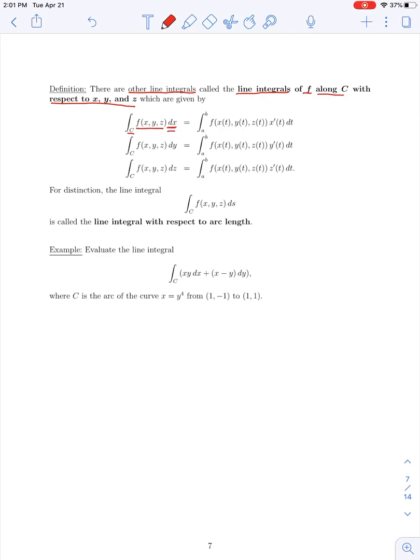And if we have parametric equations for the curve C, we would replace the values of x, y, and z in our function with their parametric equations, x, y, and z of t. And then the differential of x would be given by x prime of t dt.